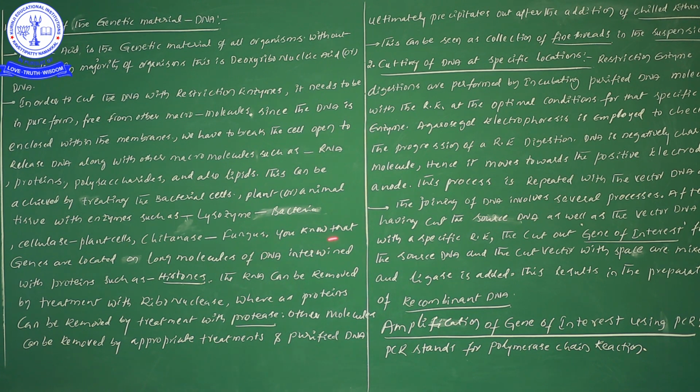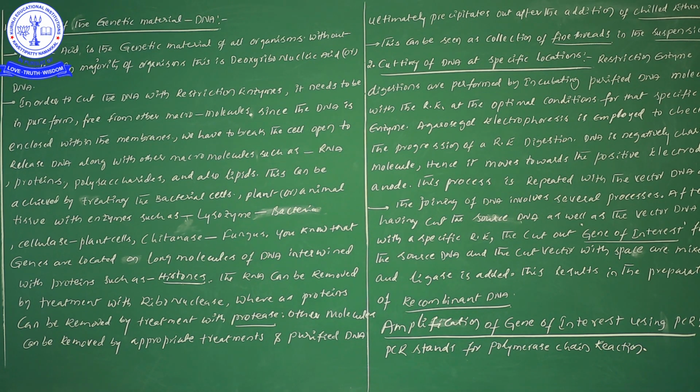Now you know that the genes are located on the long molecules of DNA intertwined with proteins such as histone proteins. This explanation I have already given in the molecular basis of inheritance. So the genes are located along the molecules of DNA intertwined with the proteins known as histones.